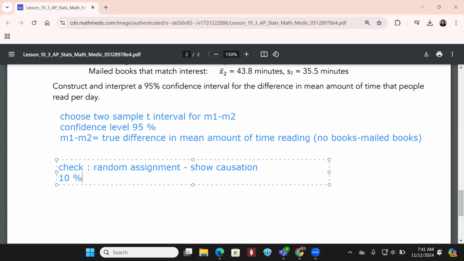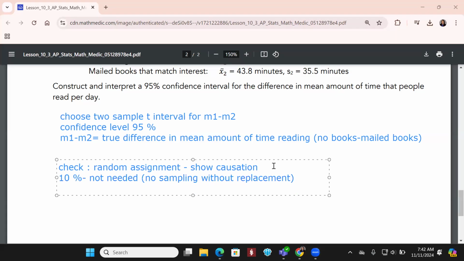Okay, 10% is not necessarily needed because our population is so small. So no sampling without replacement is going to happen. It'd be every person in the world. Because what are they trying to find? The difference between, and we can't calculate that for the entire world, but they found it for this group of people, right?